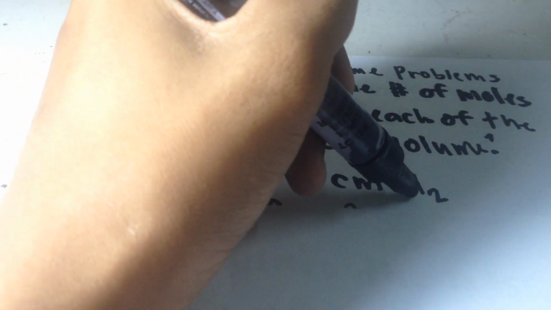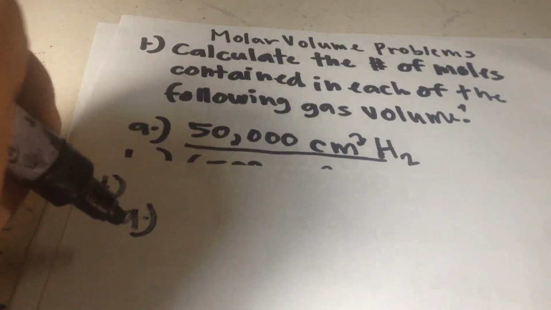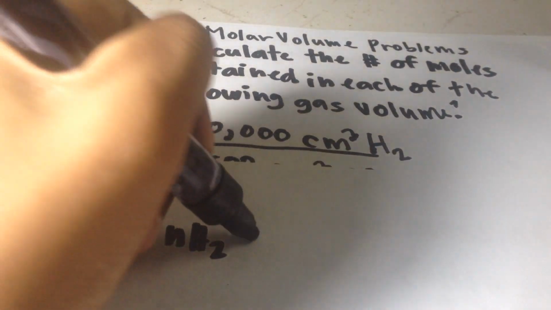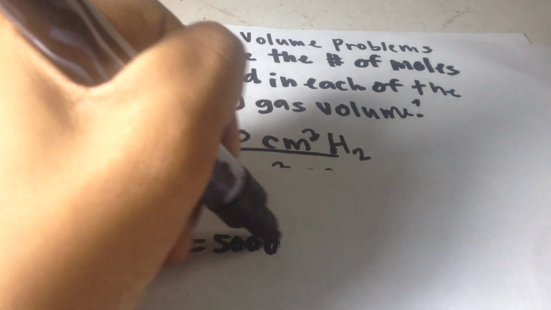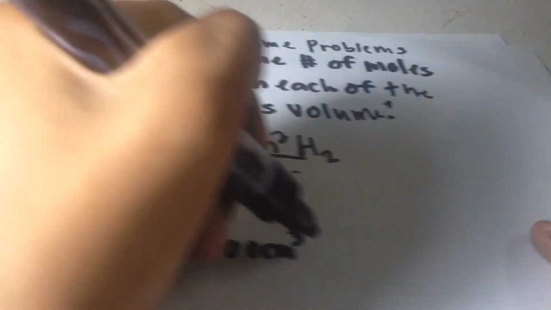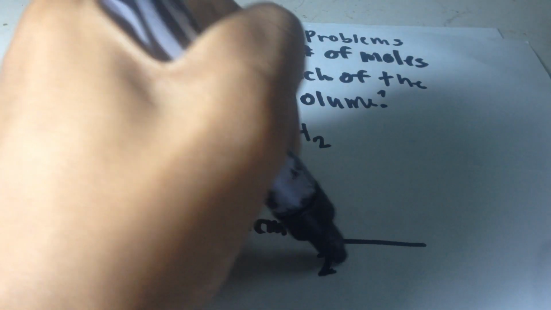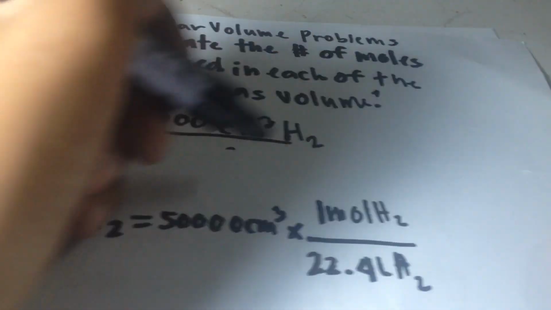So the number of moles of H2 is equal to 50,000 cubic centimeter times 1 mole of hydrogen gas divided by 22.4 liters of hydrogen gas, times, you need to convert it.